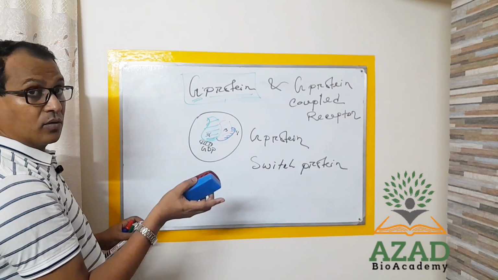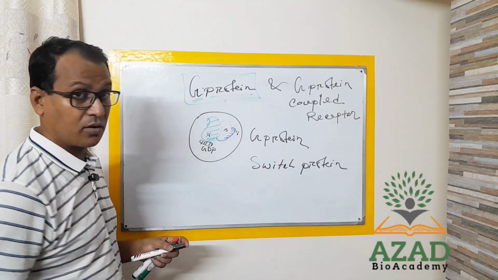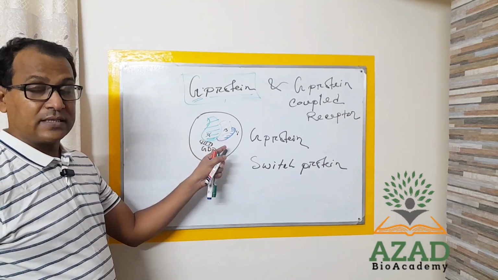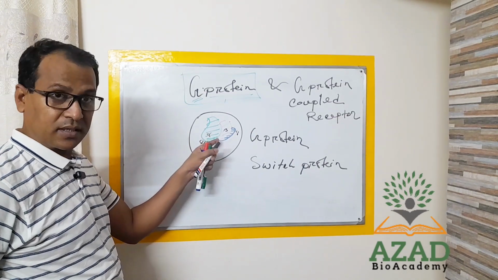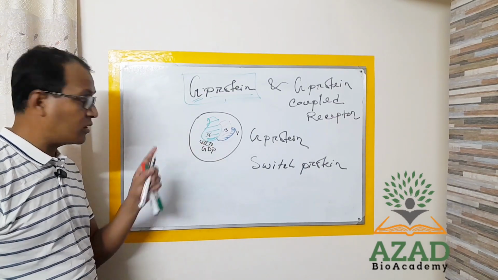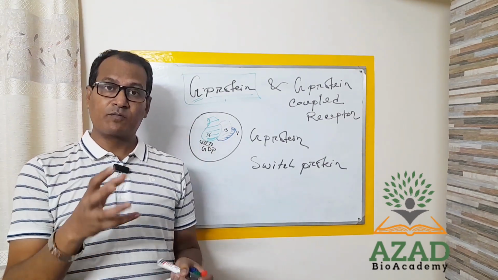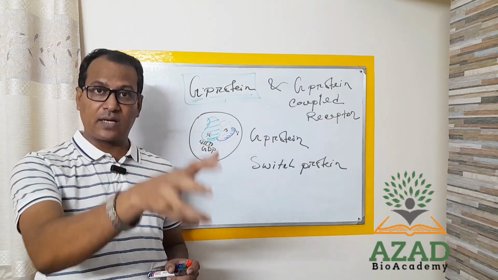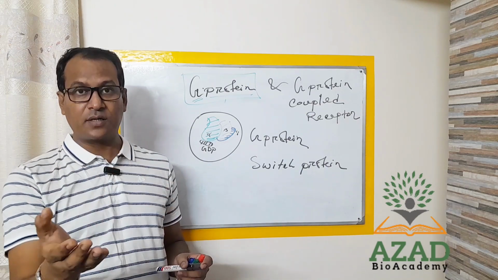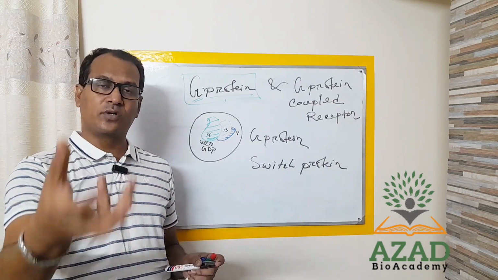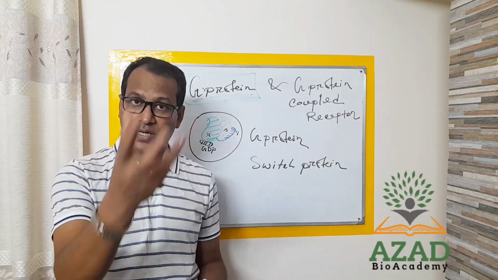Now we have to consider another thing, a receptor, because this protein is present inside the cell and something has to directly activate it. Most of the drugs and ligands in your body, in your cell, are not allowed into the cell. Some particular ligands can enter your cell and show their function in your cytoplasm or nucleus, but most ligands are not allowed.